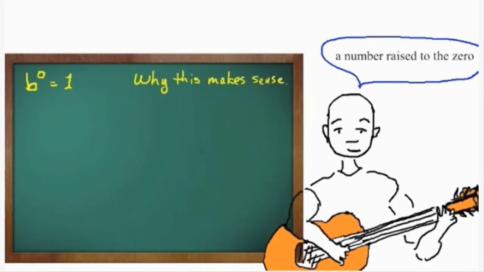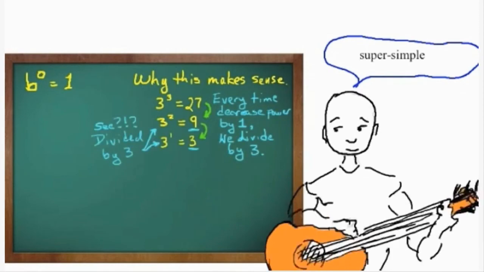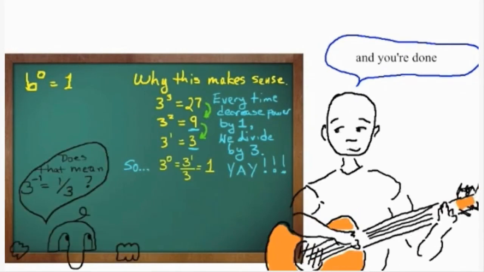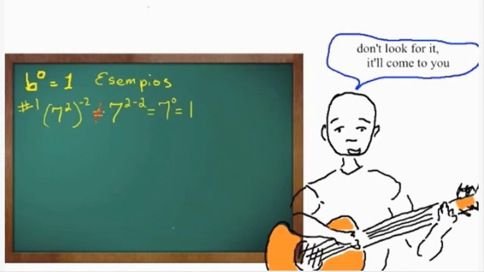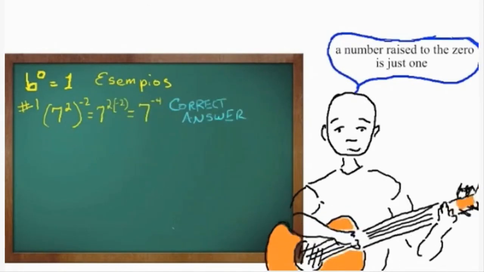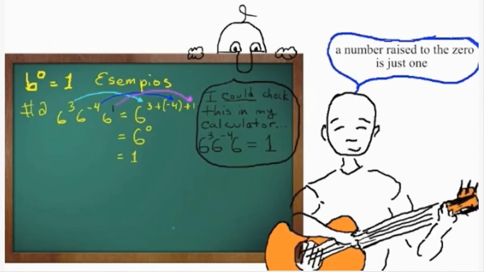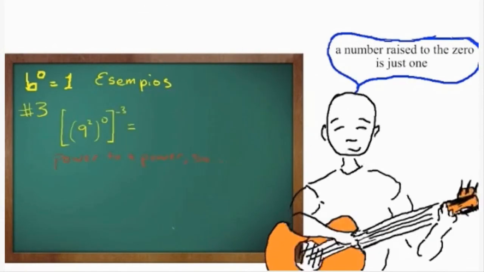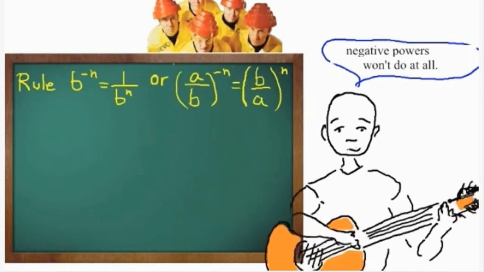A number raised to 0 is just 1. Negative powers won't do at all.